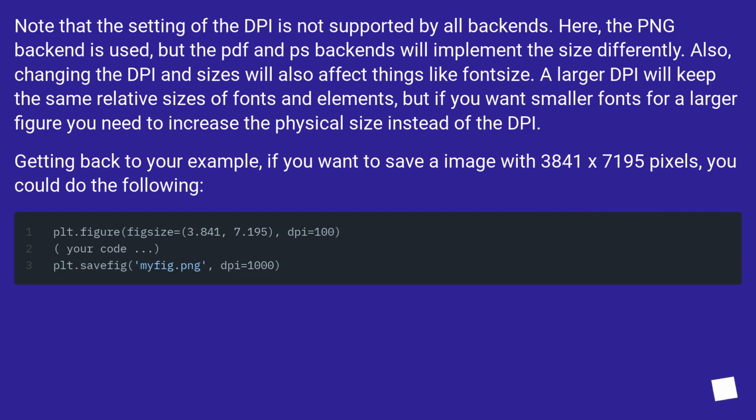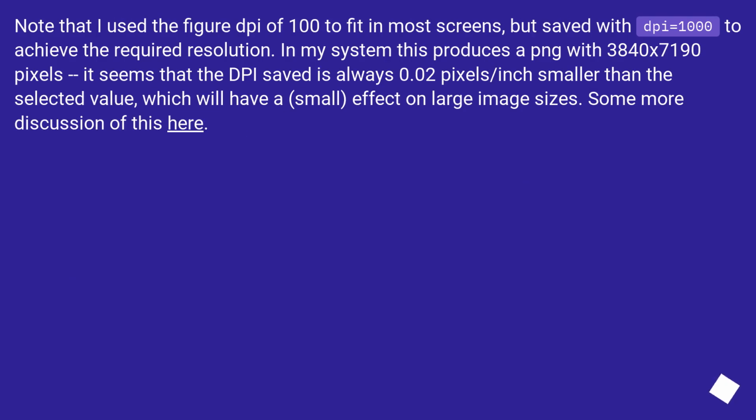Getting back to your example, if you want to save an image with 3841 by 7195 pixels, you could do the following. Note that I used the figure DPI of 100 to fit in most screens, but saved with DPI equals 1000 to achieve the required resolution.